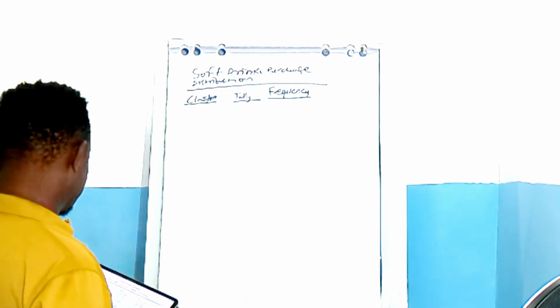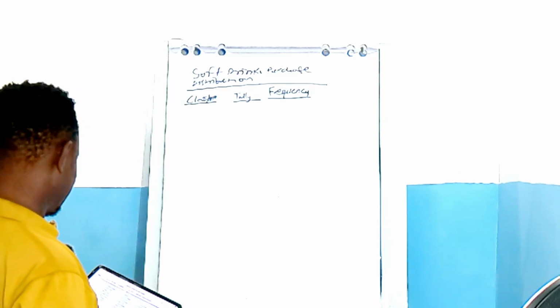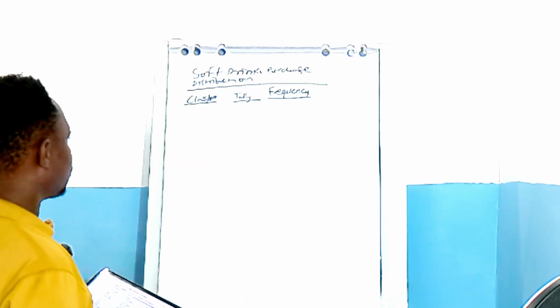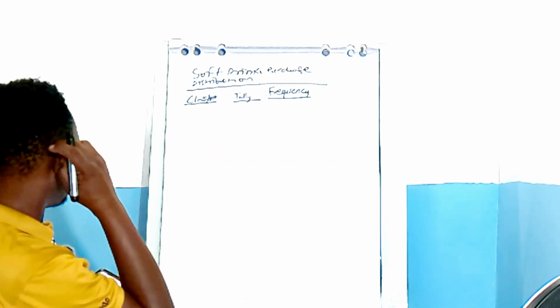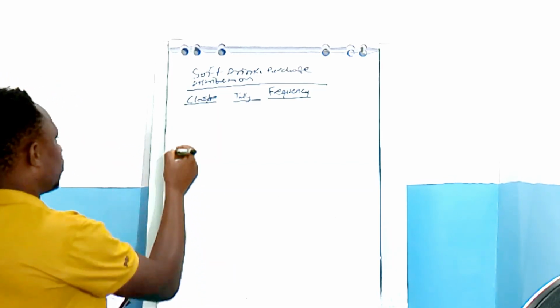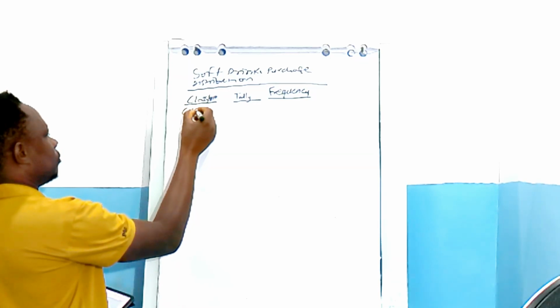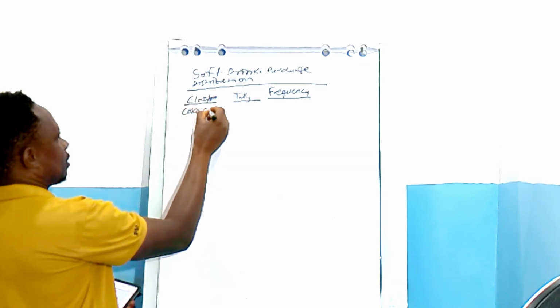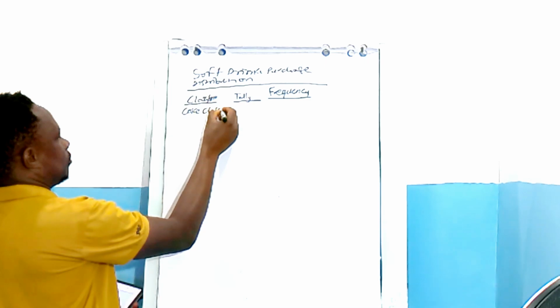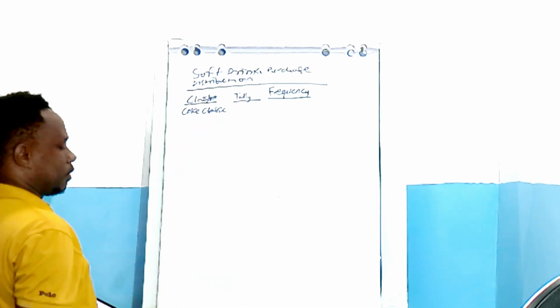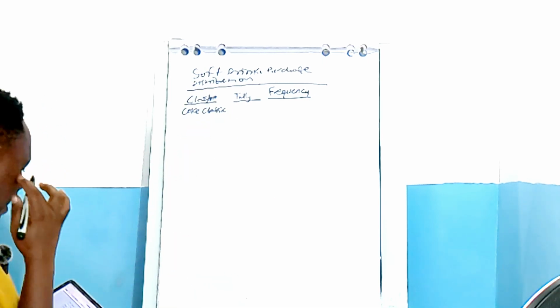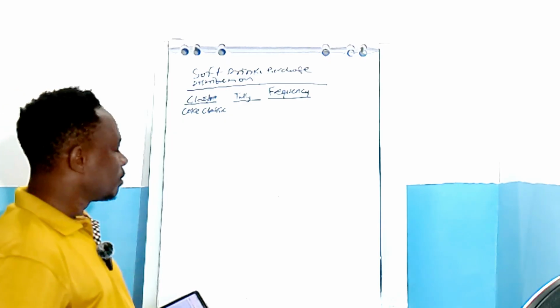Under the class, let's take first the first soft drink category we have, which is Coke Classic. With categorical data, you can go this way.